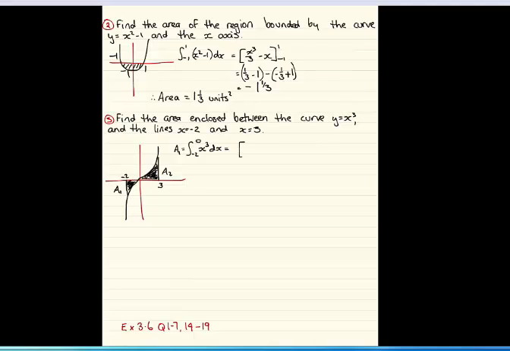Well, if I integrate x cubed, I end up with x to the 4 over 4. And that's from negative 2 to 0. Which is pretty easy to substitute into. We end up with 0 minus, and then negative 2 to the power of 4 over 4 is 4. So this is equal to negative 4.